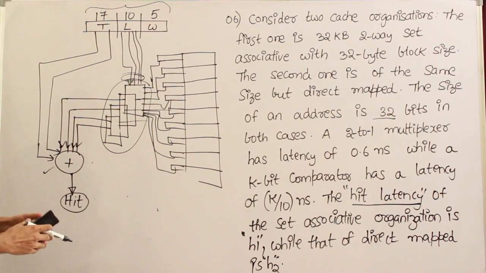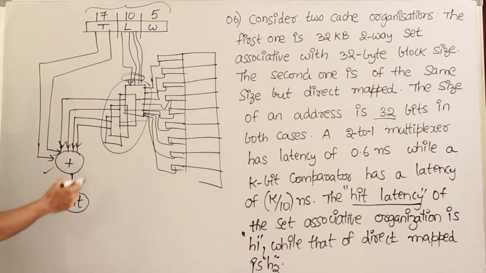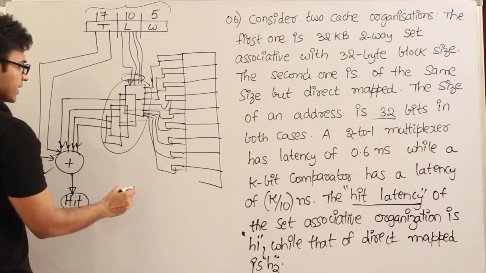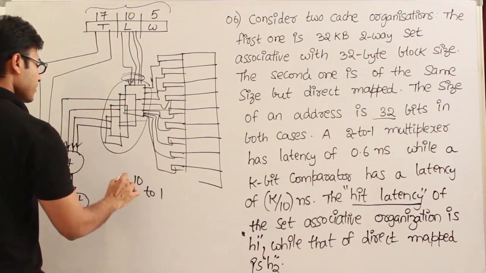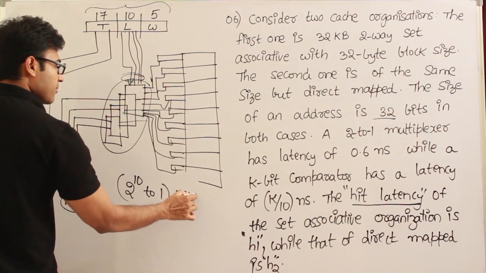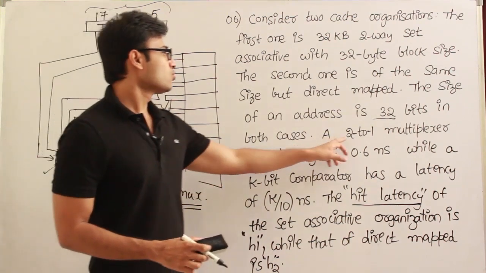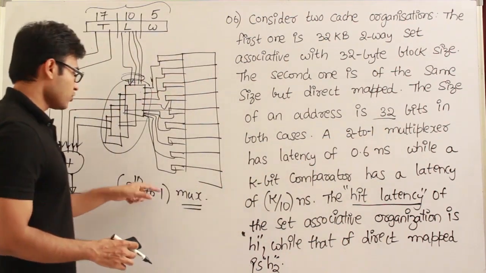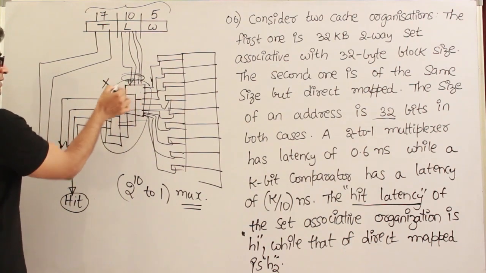Okay. Now how big should the multiplexer be? 2 power 10 lines are there, right? A 2 power 10 to 1 mux would be required, right? But if you watch, they have given that we have a 2 to 1 multiplexer. It is not 2 power 10 to 1, which means they didn't say anything about these multiplexers.